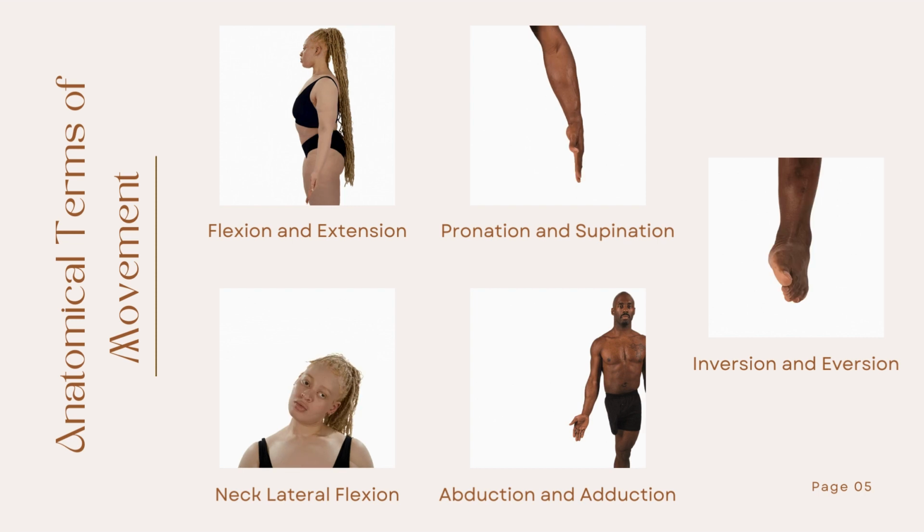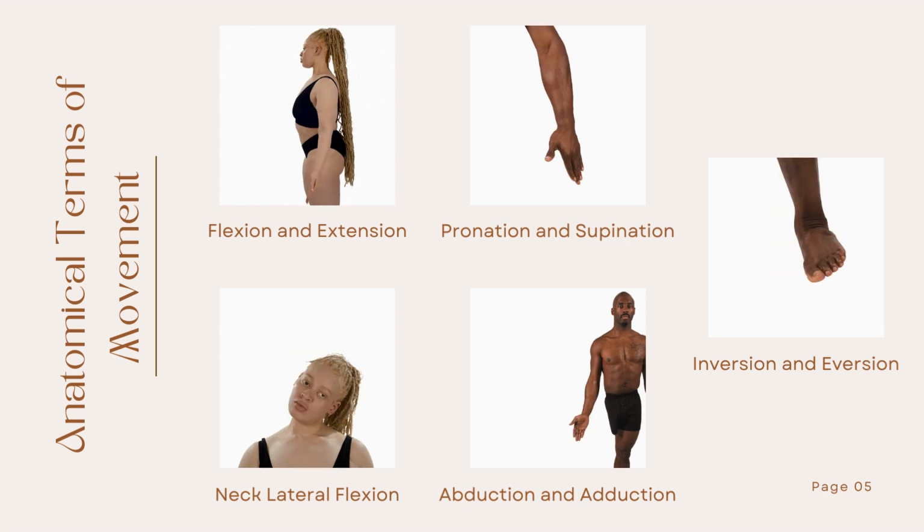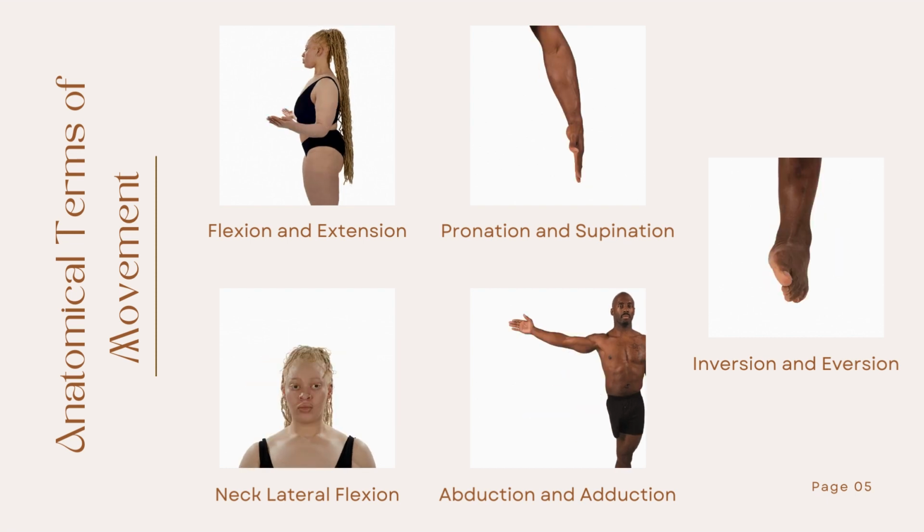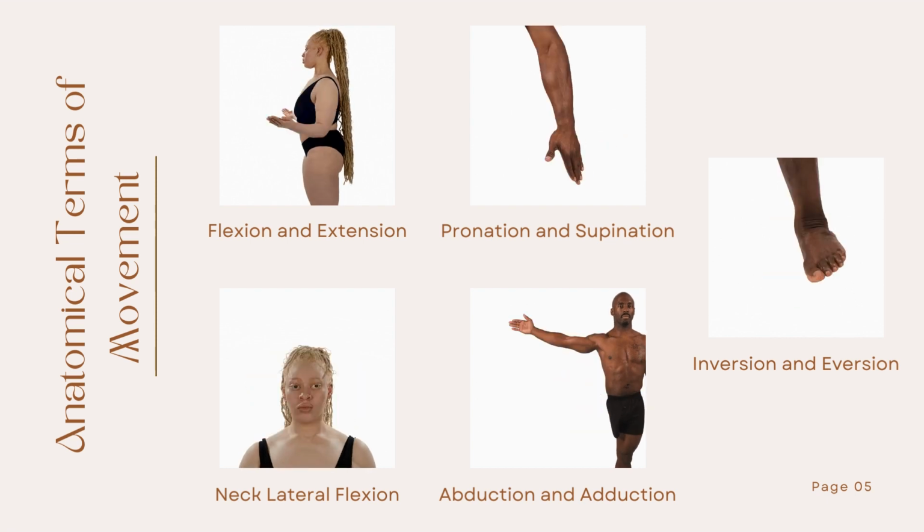The next thing to be familiar with are the anatomical terms of movement. So common ones that you'll see are flexion and extension. Pronation and supination is a movement specific to the arm. Inversion and eversion is a movement specific to the ankle and foot. Abduction and adduction, and then here we've got neck lateral flexion too.